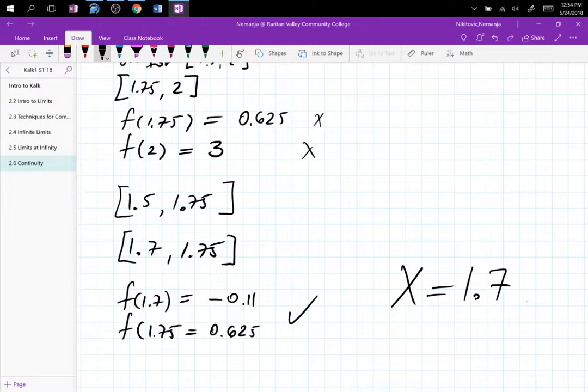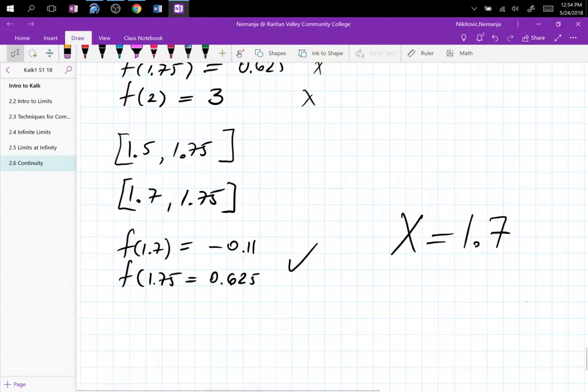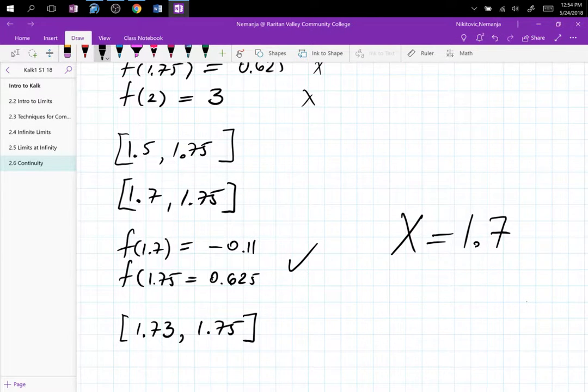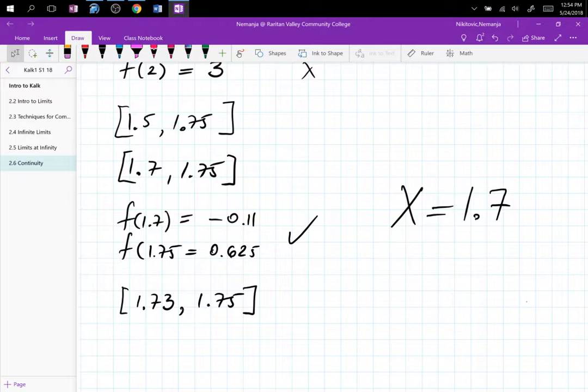Now is the time to cut this interval in half. So let's try 1.73 to 1.75. You try this. 1.73. Again, you compute 1.73. You are looking for positive, negative. You keep cutting the ones that are positive and negative.